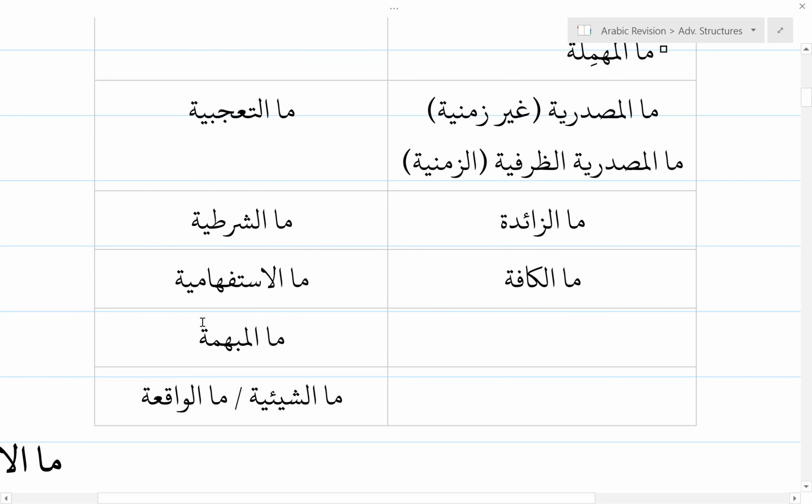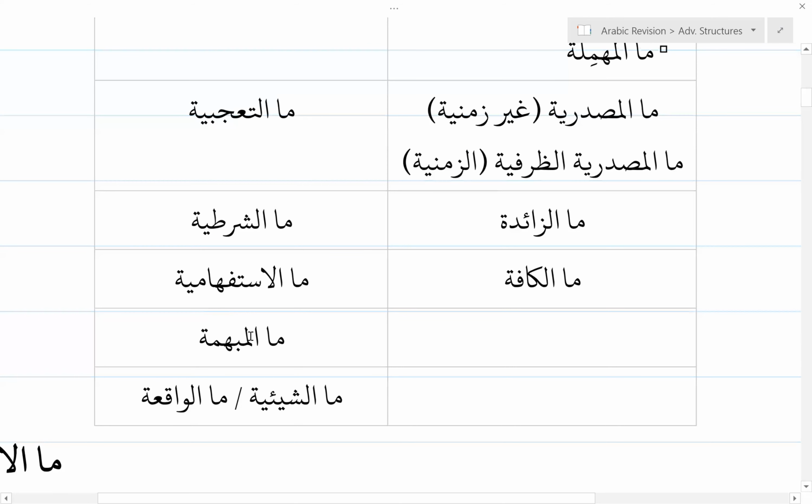Then you have ma al-mubhama, which is also called ma al-ibhamiyya. And this is the kind of ma that, abhama yubhimu ibhaman, is ambiguous, to make something ambiguous. So this is the ma of ambiguity, the ma that means something, you know, shay'an ma, something.